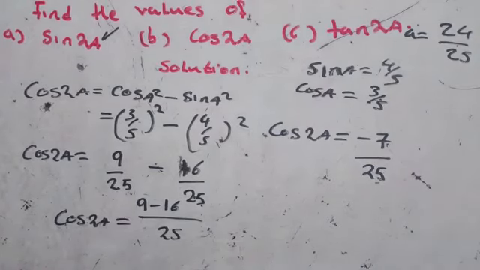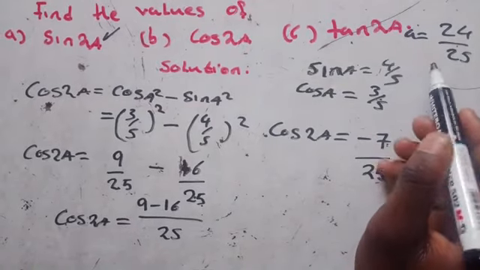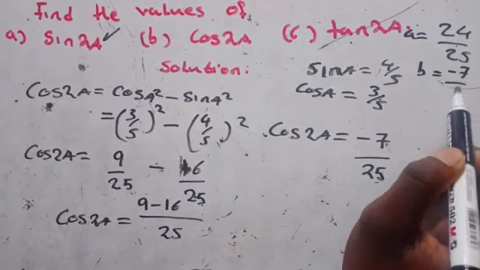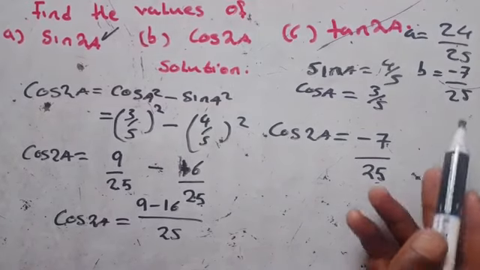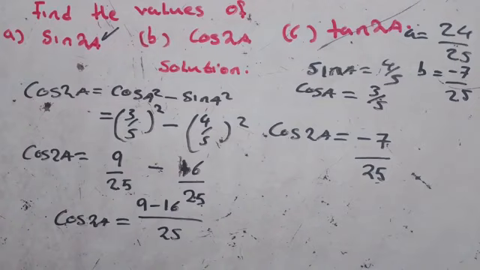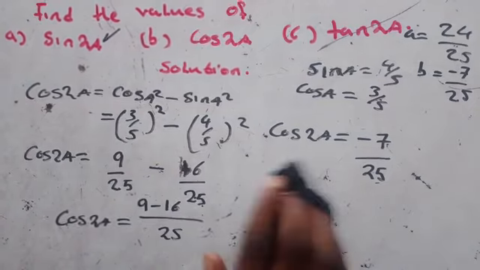This was A. And question B, we have found negative 7 over 25. So this is cos 2a, and this is sin 2a. So let's now find tan 2a.